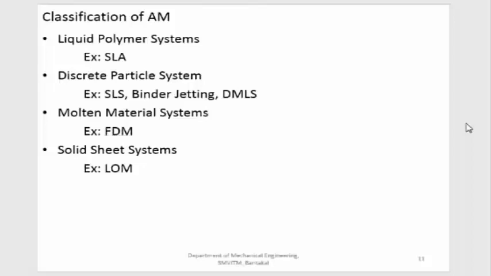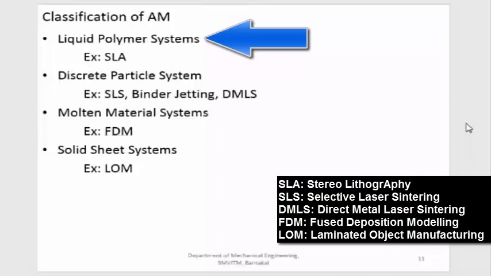The first classification is liquid polymer systems. In this case, the initial raw material you are using for additive manufacturing will be in the form of a liquid polymer. Usually the polymer will be a photopolymer, which means in the presence of light, the polymerization will be completed and the polymer will harden so that it becomes a solid.